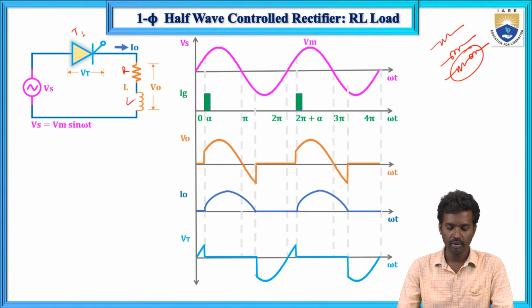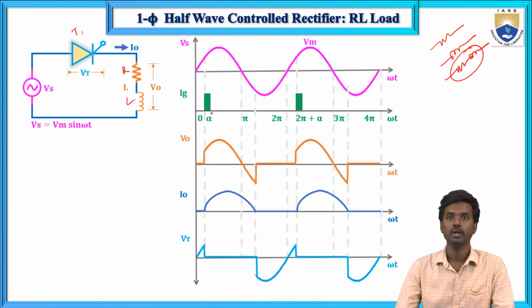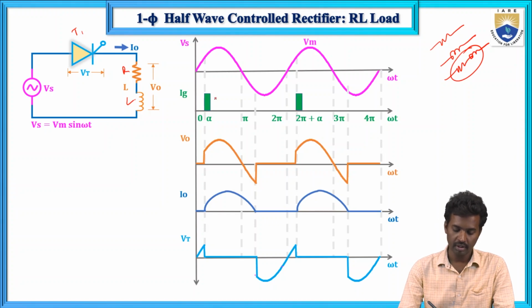Now from 0 to alpha, the SCR is in forward blocking mode. Now I am triggering the SCR gate at alpha. So what will happen here? The SCR is in forward conducting mode up to pi.